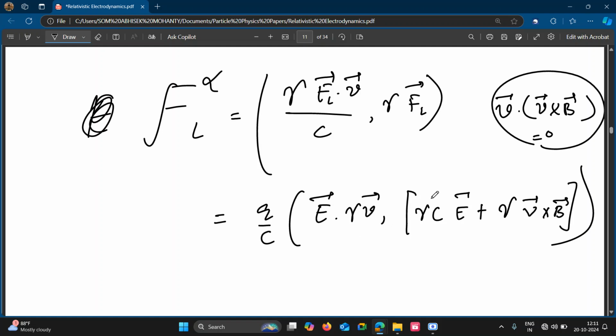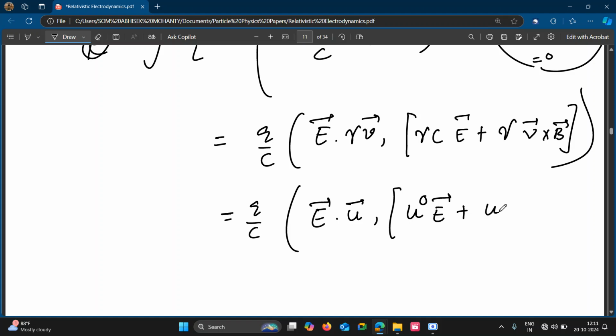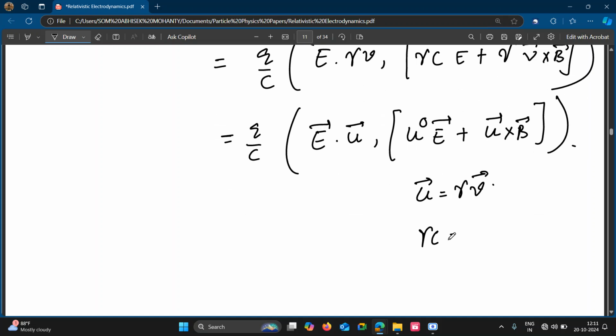So this can also be written as Q by c, E dot u vector, and u0 E vector plus u cross B. So u vector is gamma V vector, and gamma c can be your u0, the temporal component. This is often referred to as the covariant Lorentz force equation.